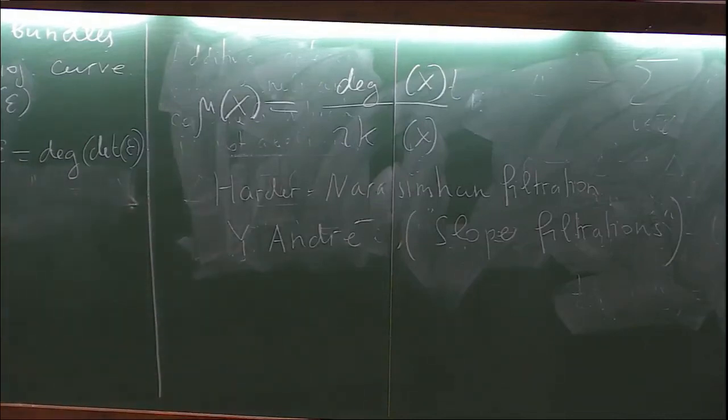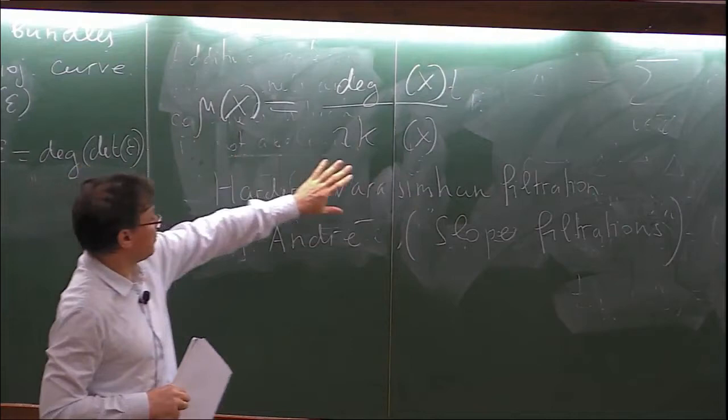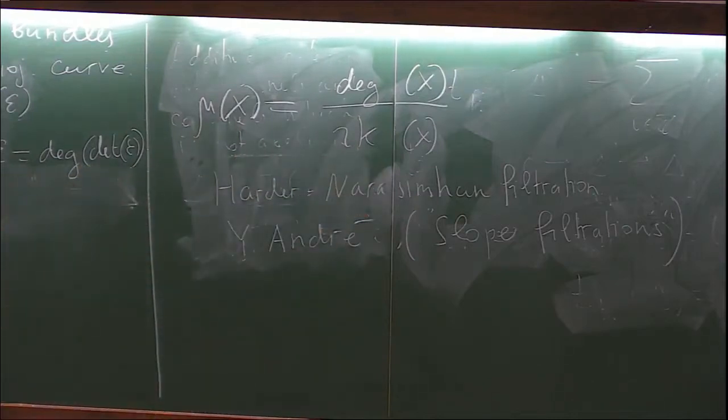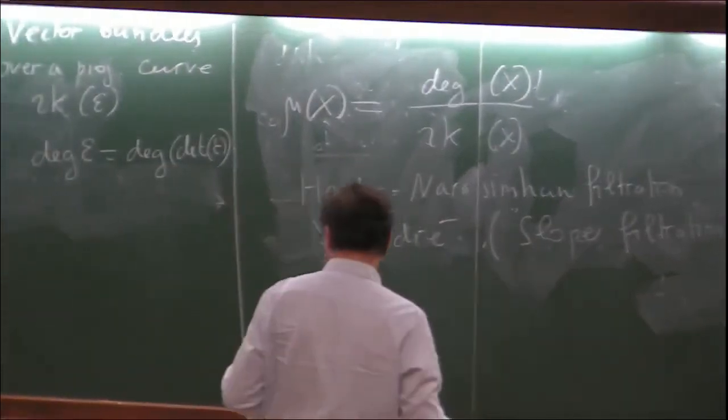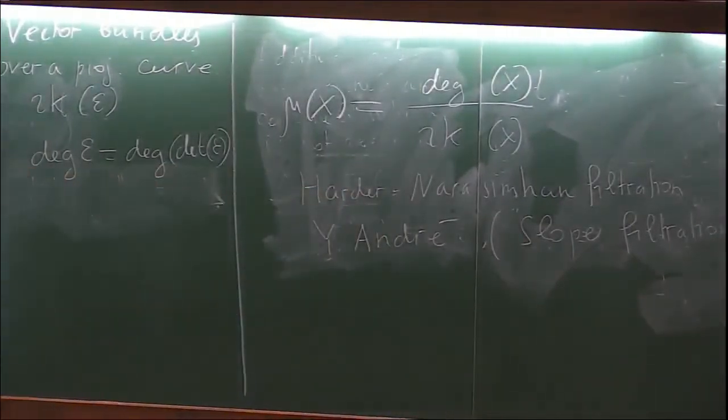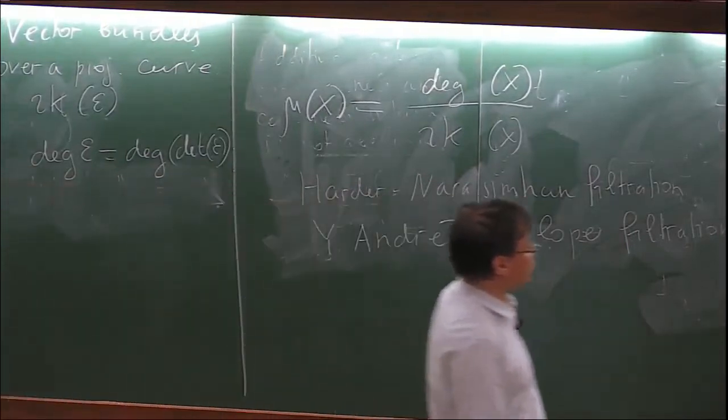There André formalizes the theory of Harder–Narasimhan, and he supposes that some not necessarily abelian category is given.